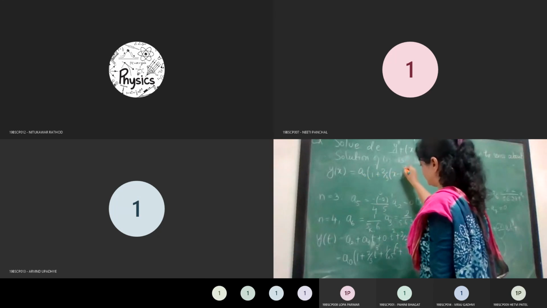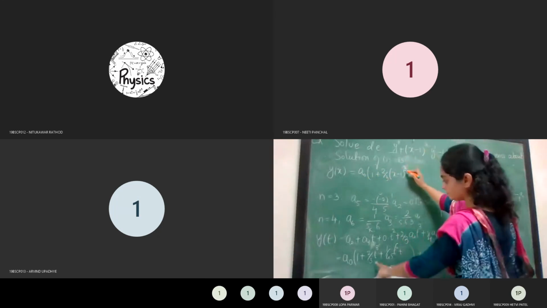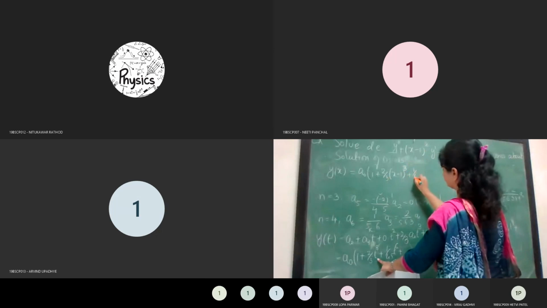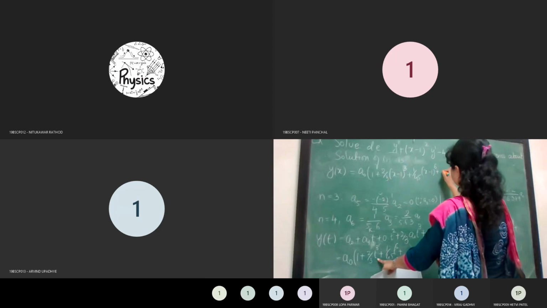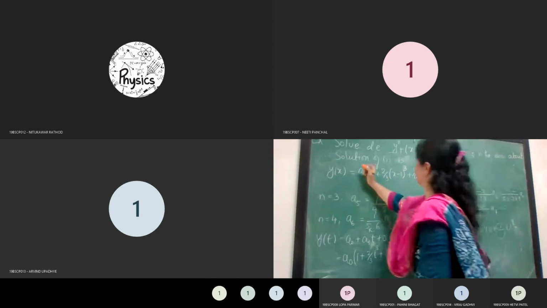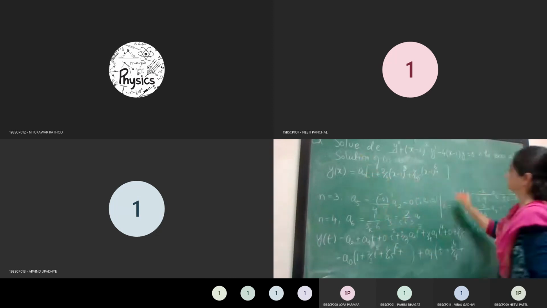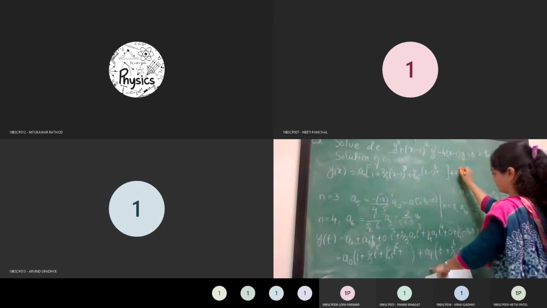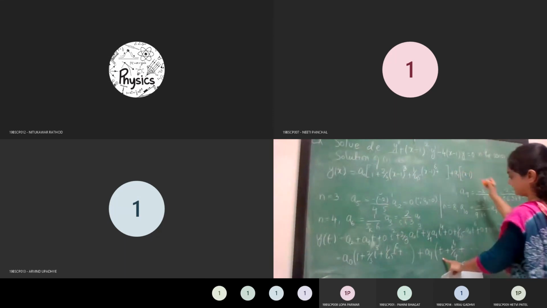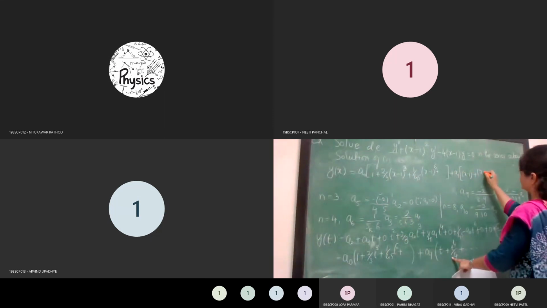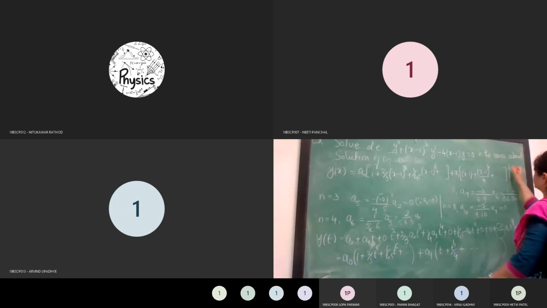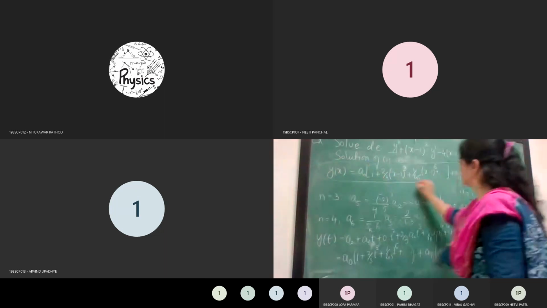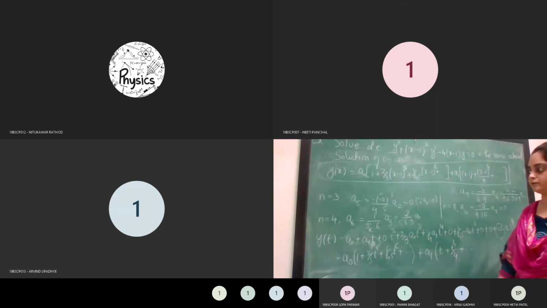T is nothing but x minus 1 cube instead of t cube, plus 1 upon 45 x minus 1 to the power 6 plus up to plus, let me write here also the square bracket, plus A1 T, that is x minus 1 plus x minus 1 raised to 4 upon 4 plus up to plus will be the general solution of the given differential equation.